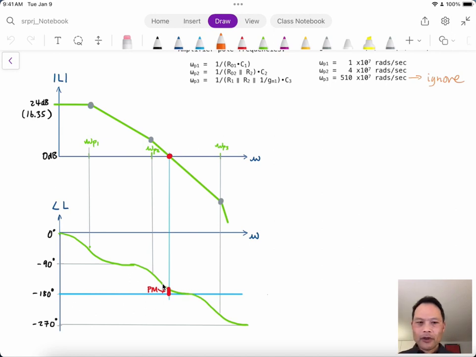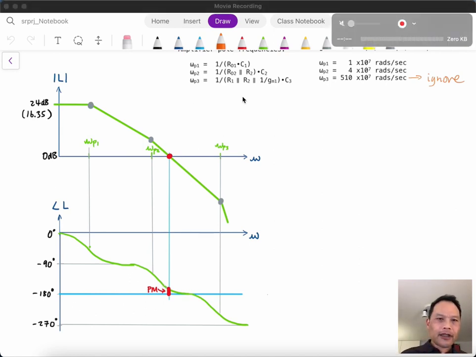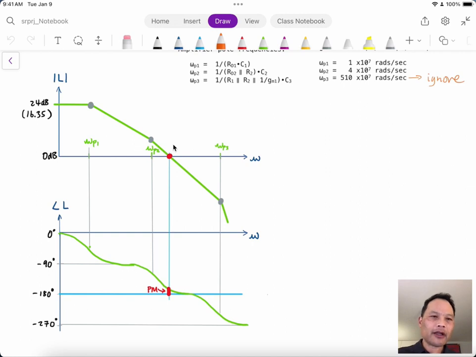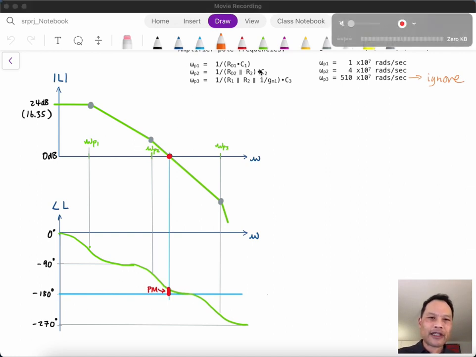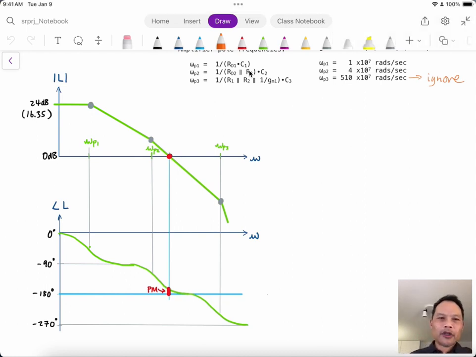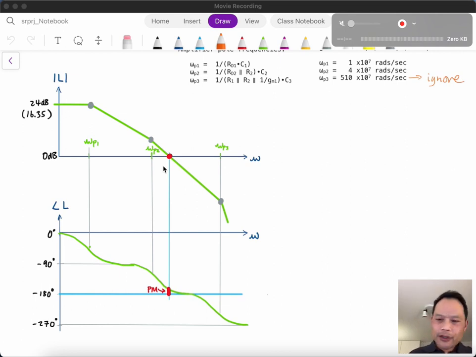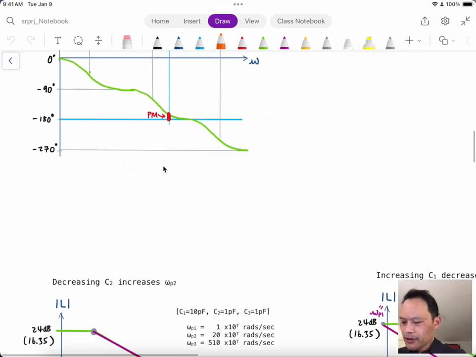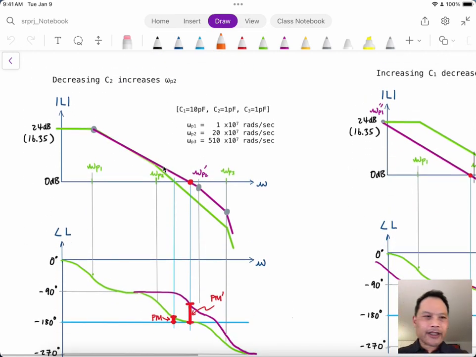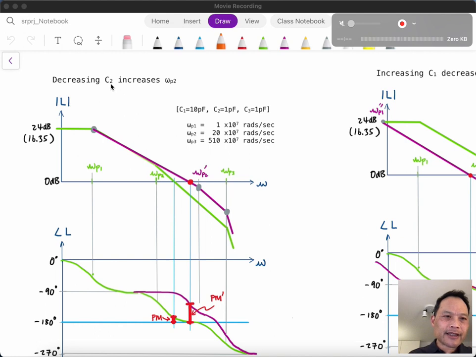So what can we do then? Well, we have expressions for the pole frequencies, and we can do a number of things, but let's just concentrate on the values of C1 and C2. What can we do to improve the phase margin? There are basically two approaches. One approach would be to decrease C2 and thereby increase omega P2, the second pole.